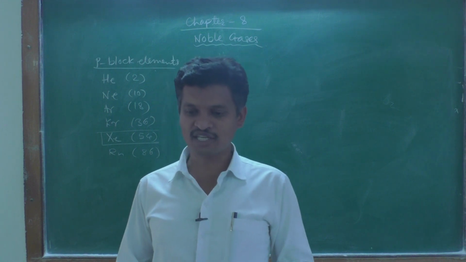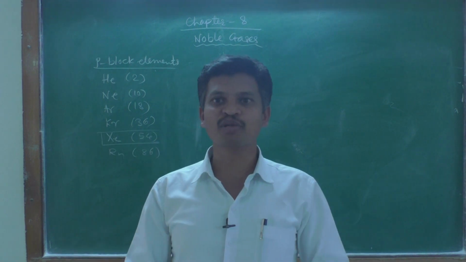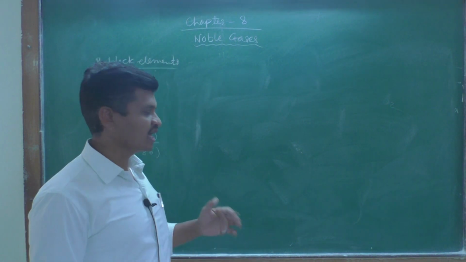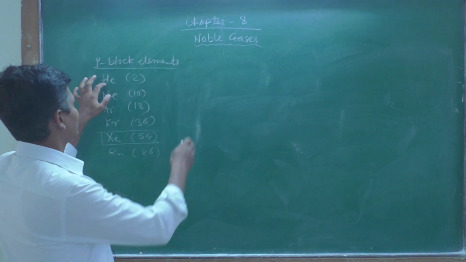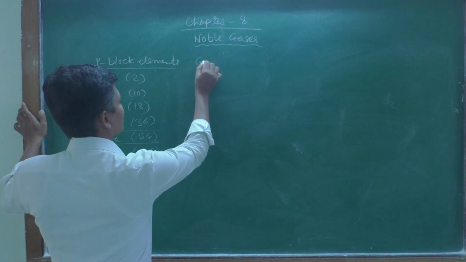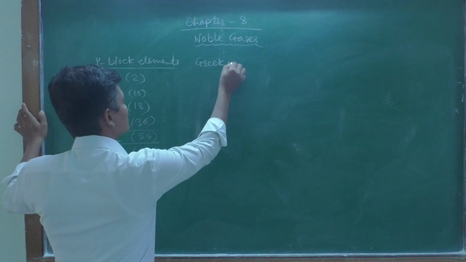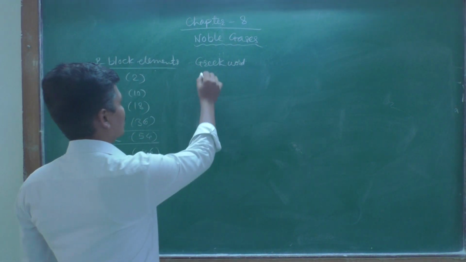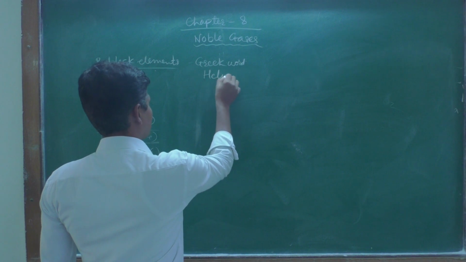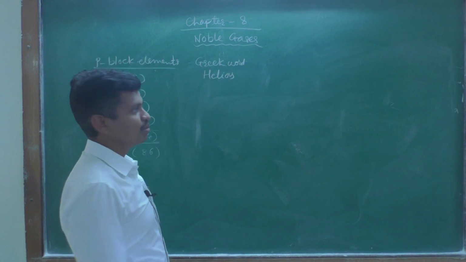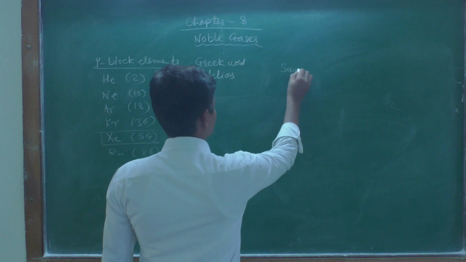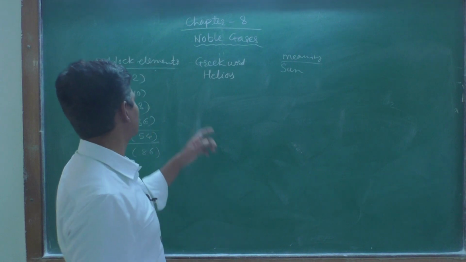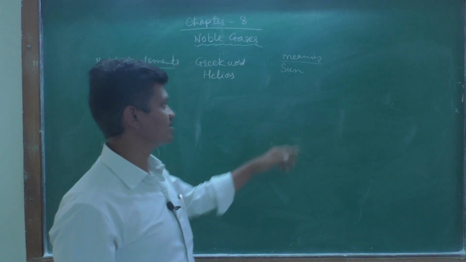So that's why the sun's surface is made up of a large amount of helium, and hence the name helium is derived from the Greek word helios. The meaning of helios is sun. Why sun? Because helium occurs on the sun's surface.